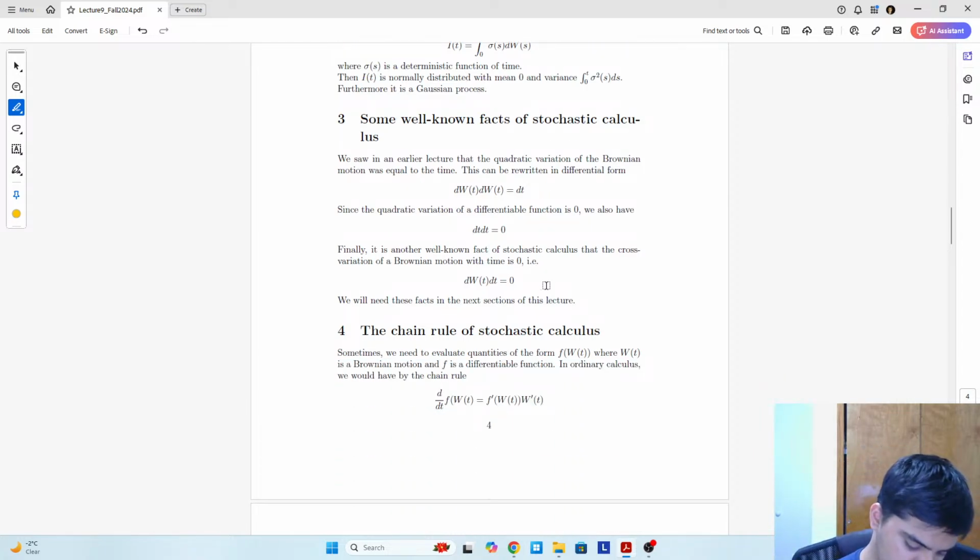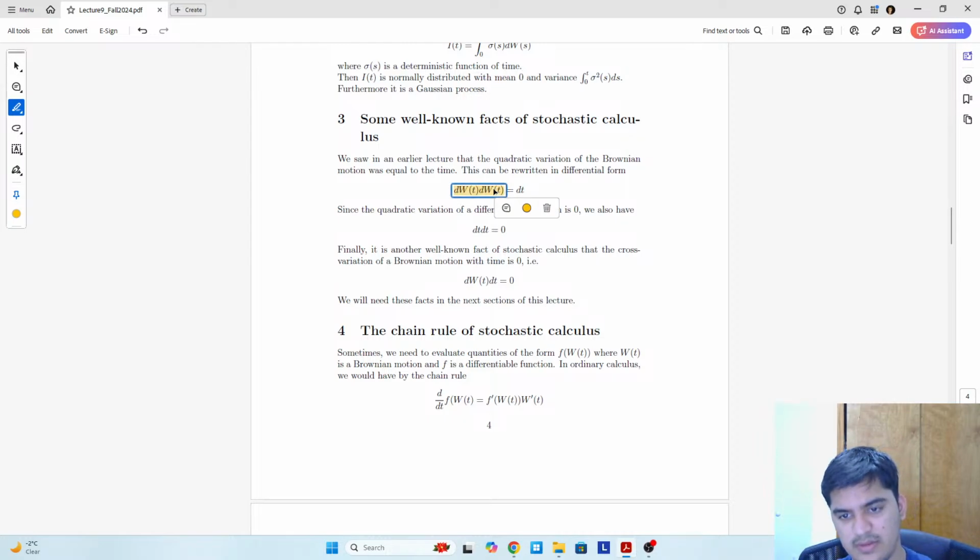Now let's look at some of the most important properties of stochastic calculus. These three laws are very crucial. So dW(t) dW(t) can be written as dt.